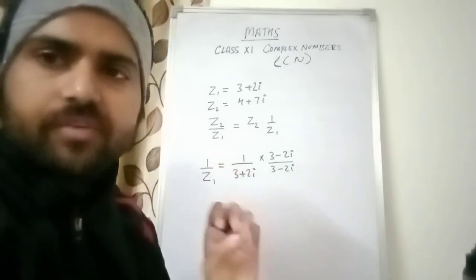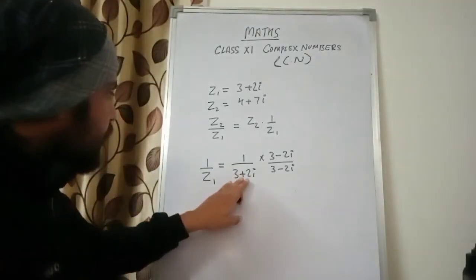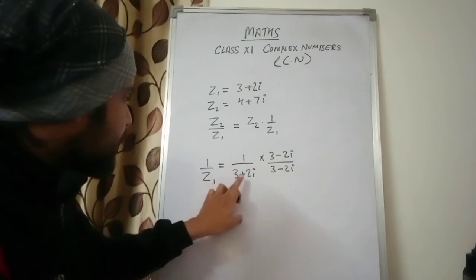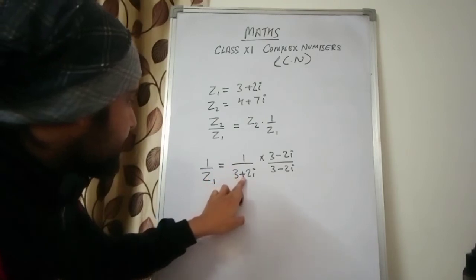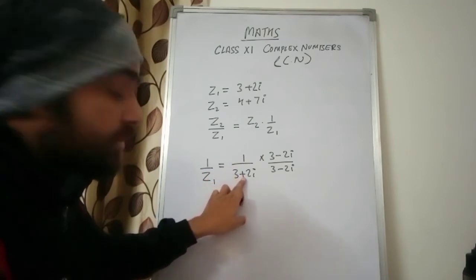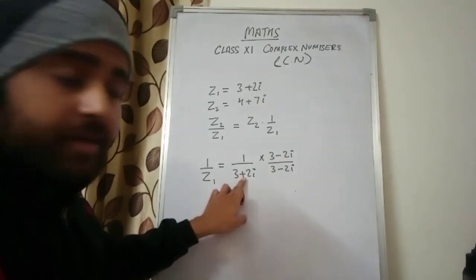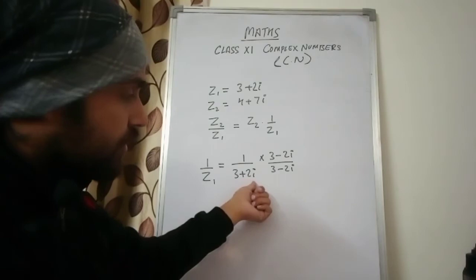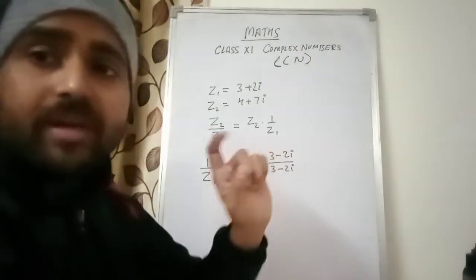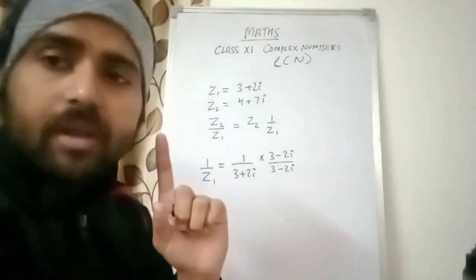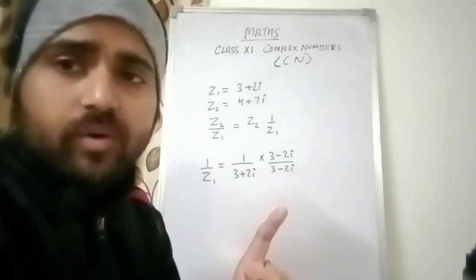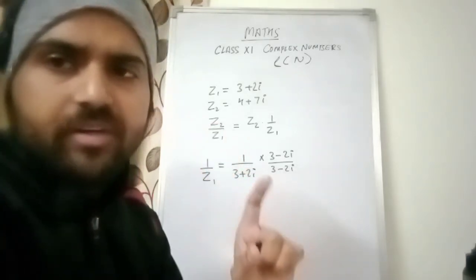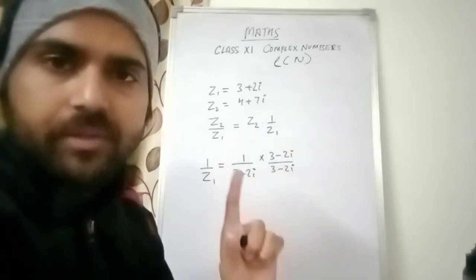So here to find out the conjugate of this z1, here it is plus. So you will convert this plus into minus. So the conjugate of this z1, that is 3 plus 2i, will be 3 minus 2i. So whenever you have to remove the i component from the denominator, you have to multiply that denominator by its conjugate. This is one thing you need to remember.